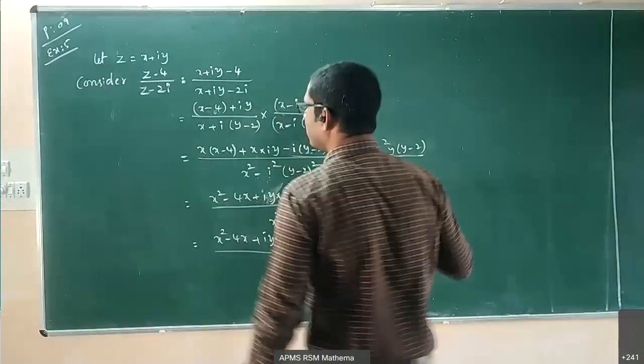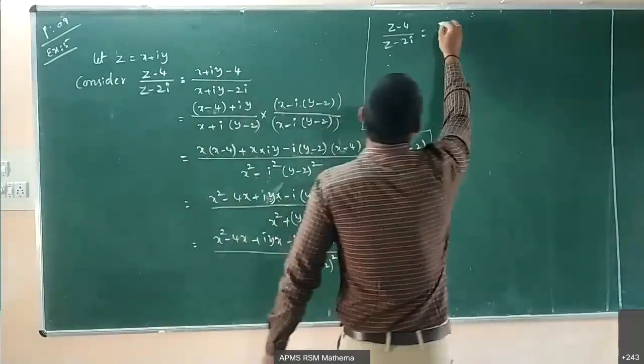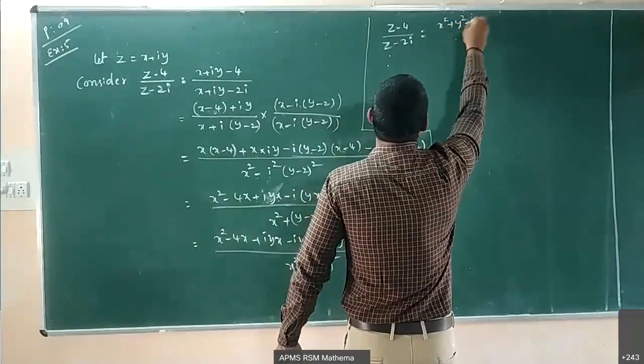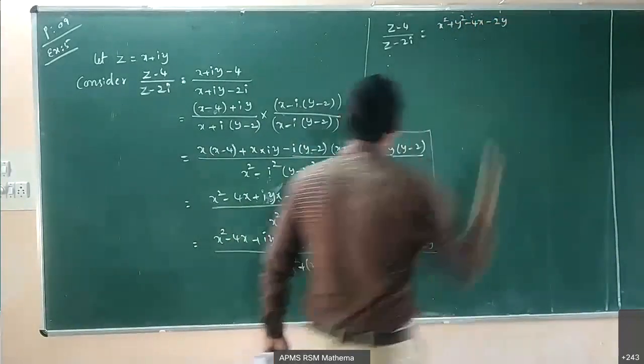So (z minus 4) by (z minus 2i) is equal to x square plus y square minus 4x minus 2y.